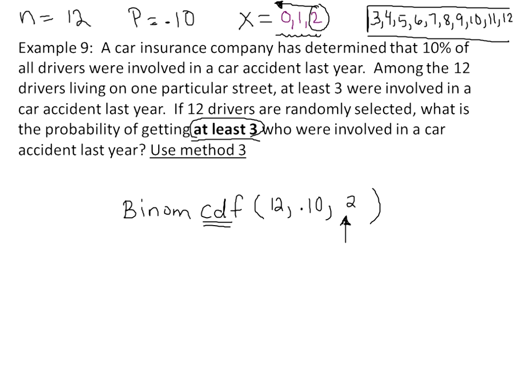Okay, well, there's something very important you know about probabilities. You know that when you add up your probabilities in a probability distribution, it's always going to equal 1. So if that's the case, what we're going to do is take the probability of what we don't want and subtract it from 1 to get the probability of what we do want.